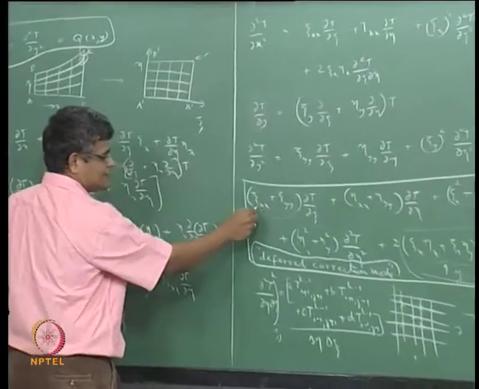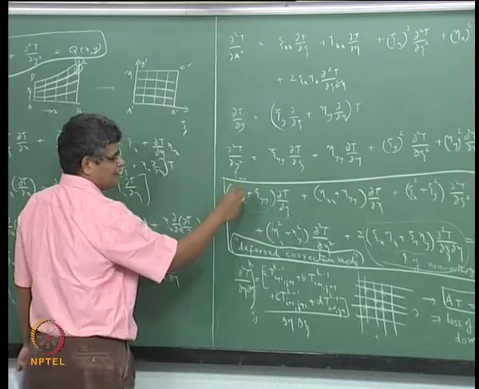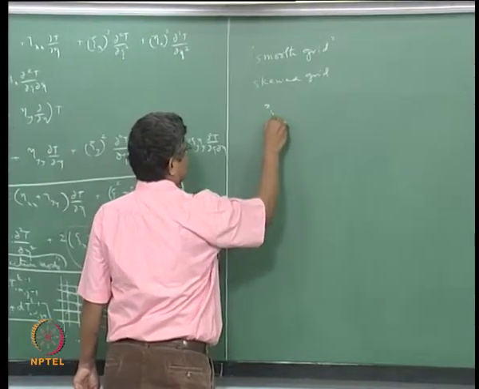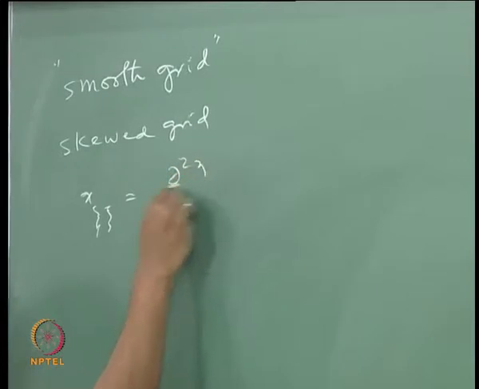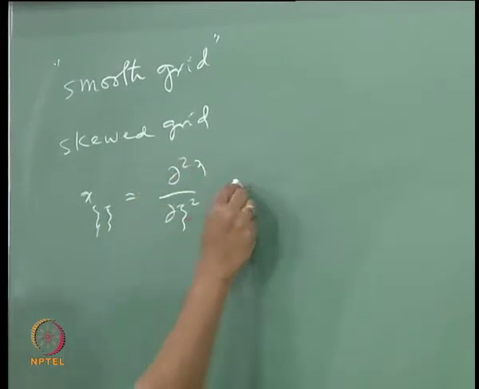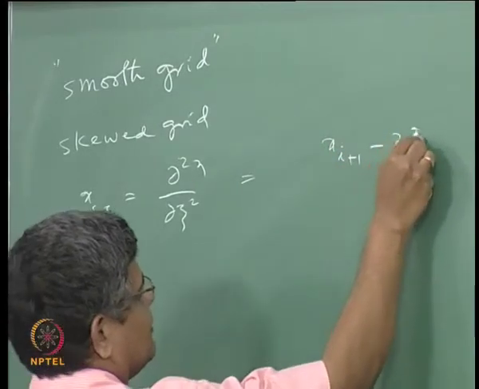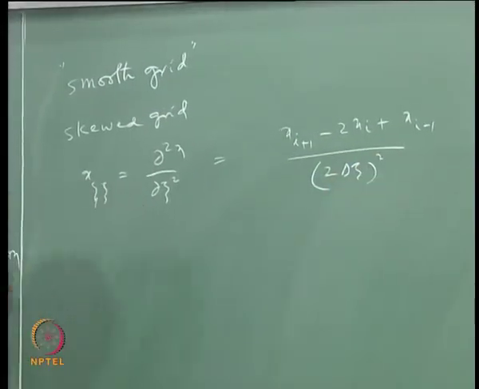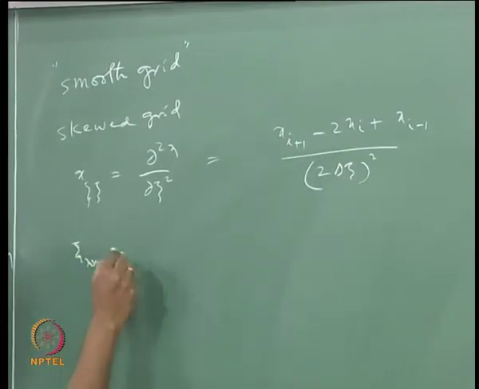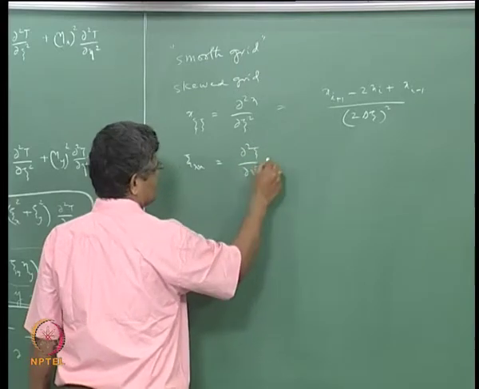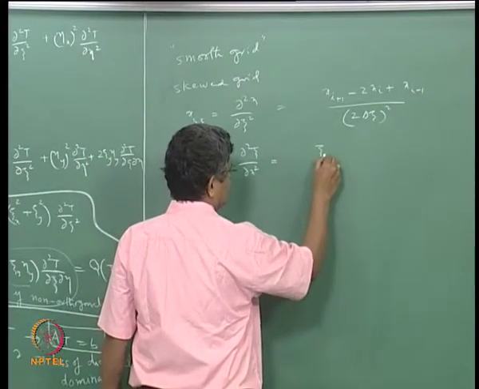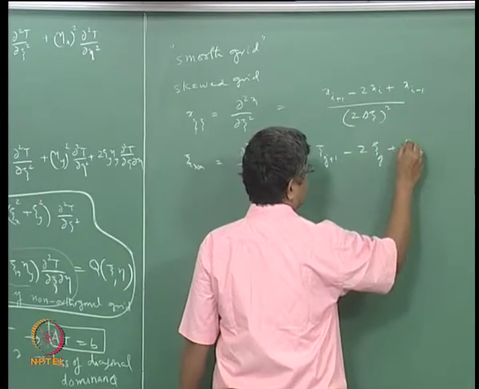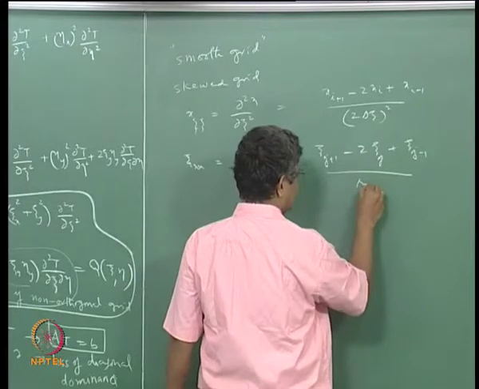So if you were to rewrite this not in terms of psi xx but in terms of x psi xi, then x psi xi, that is dou square x by dou psi square, can be written for example as x i plus 1 minus 2 x i plus x i minus 1 by 2 delta xi whole square, whereas psi xx, which is dou square psi by dou x square, will have to be written as psi j plus 1 minus 2 psi j plus psi j minus 1 by delta x square.